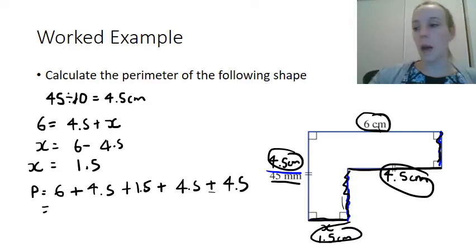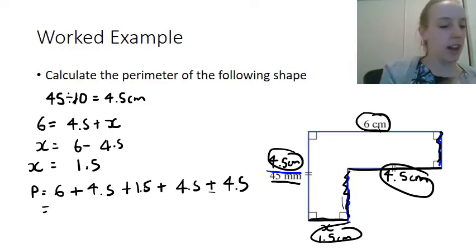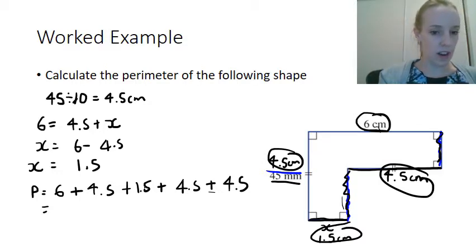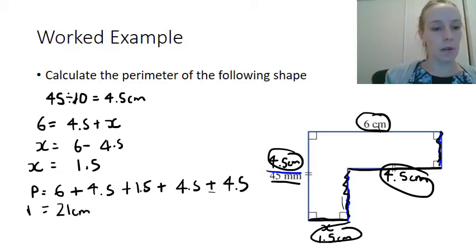So from there, I can type that all in my calculator, or you can do it in your head. So I've got 6 plus 4.5 plus 1.5 plus 4.5 plus 4.5. And that's 21 centimetres. So the perimeter equals 21 centimetres.